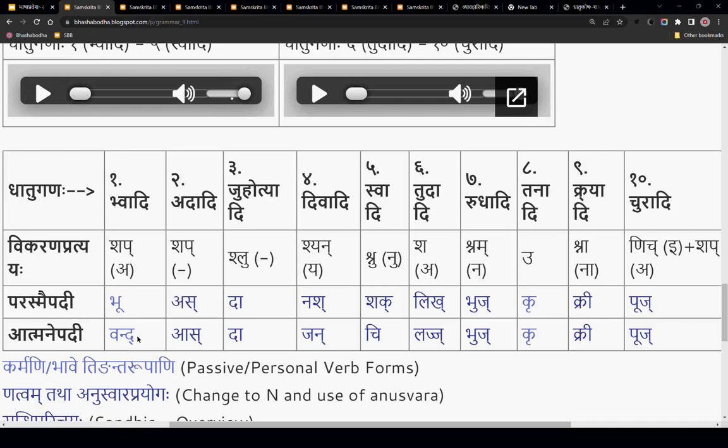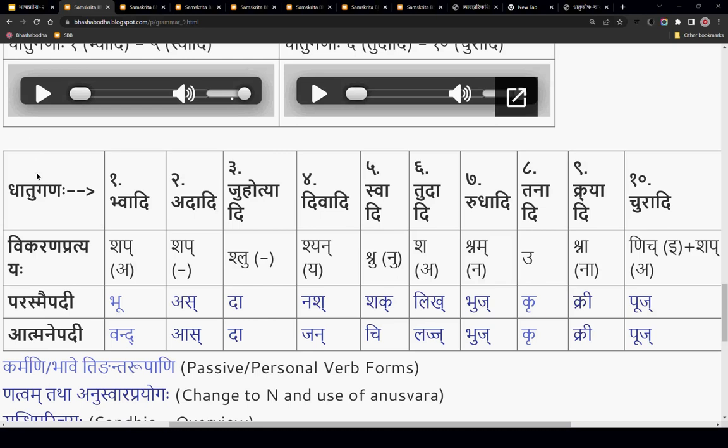If some dhatu in the dhatu kosha is indicated to be in the third group, juhotyadi gana, atmanepada, then you have to look at that pattern. You can check that pattern and match it with the dhatu you are looking up.